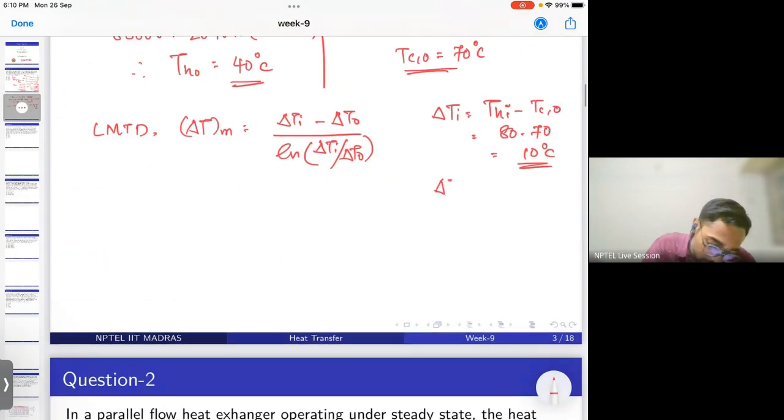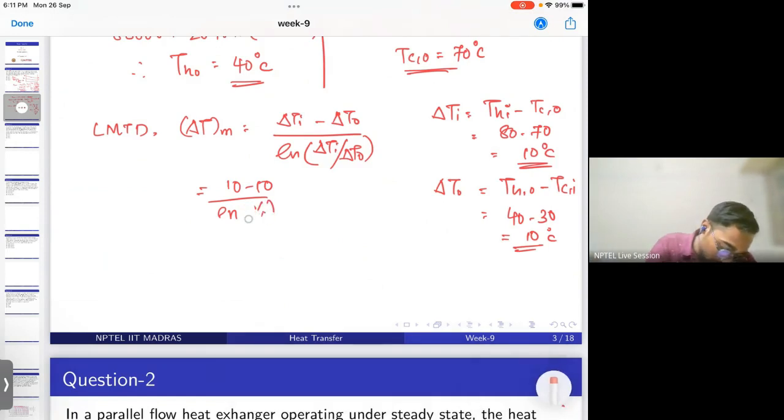Also delta To, which is Tho minus Tci. Tho is 40 minus 30, it's 10. So both are 10, hence the LMTD in this case is not defined.